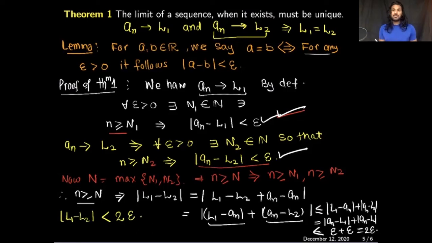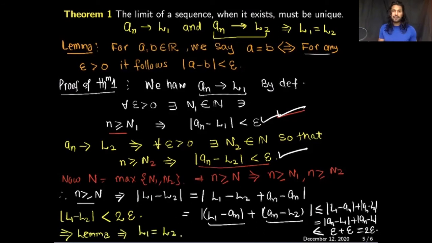Since this does not depend on n, it means this is true for all epsilon. So since this is true for all epsilon, I can use my lemma. Therefore, by lemma, L1 is equal to L2.